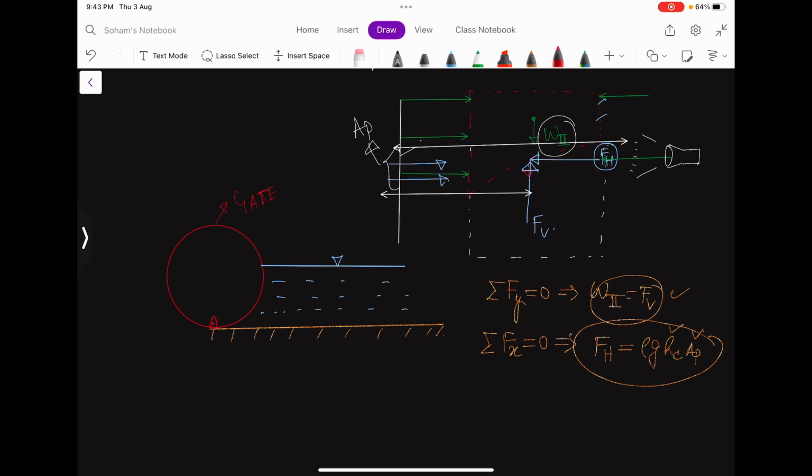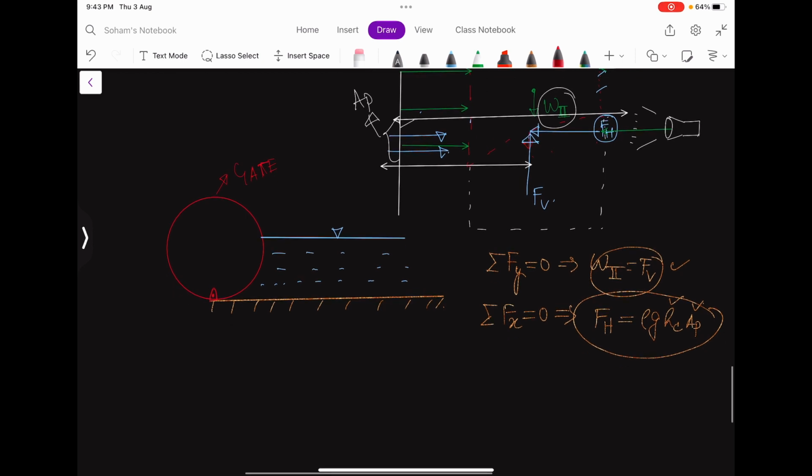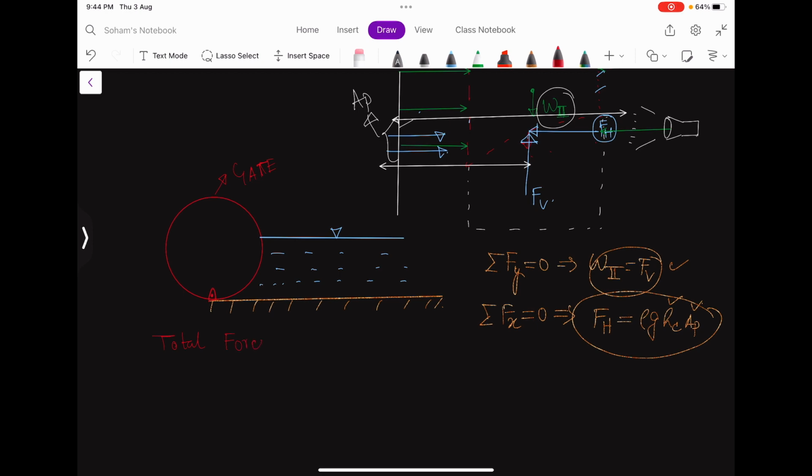Now forget all the things, you have to just tell the total pressure force on the part AB, the gate is fixed.